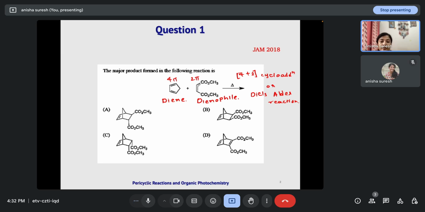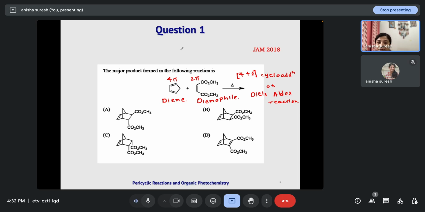Please take a minute for solving the answer. So since this dienophile is cis in nature, the product that will be formed will also be cis as the reaction is taking place through a concerted mechanism.